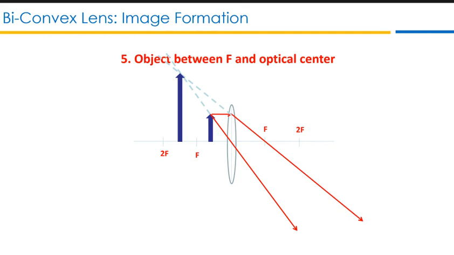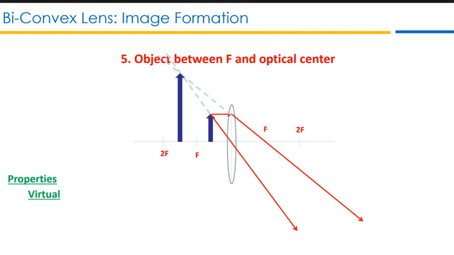So we cannot see it on a screen because it's not made by the intersection of the real rays. We just extend them back and we can see a larger image. So we have to see inside the lens to see this image, not on a screen. So these kinds of images are called virtual.